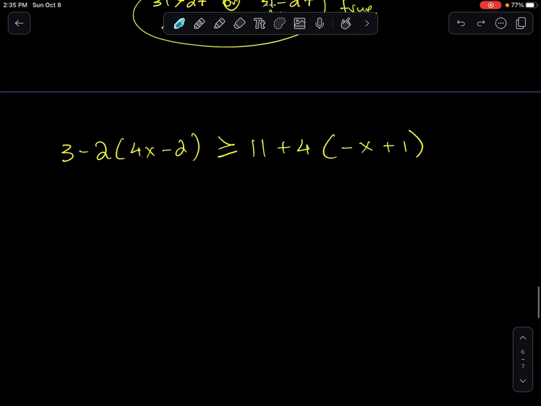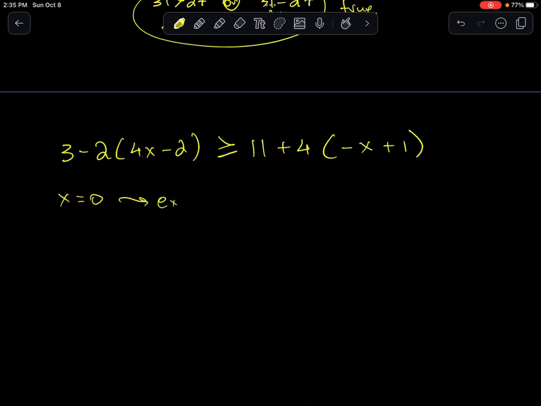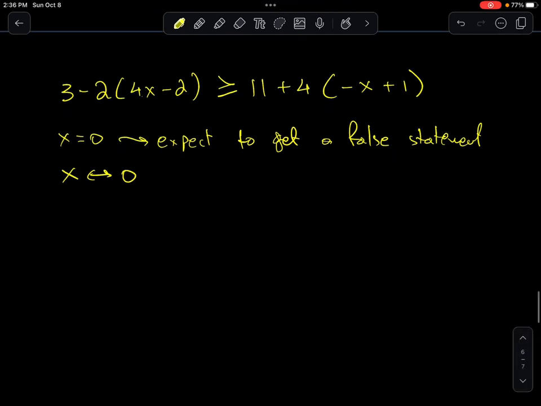So I'm going to choose 0, and I will expect to get a false statement. How do I do that? X would be replaced by 0. So I will rewrite that example, but I will replace x by 0.